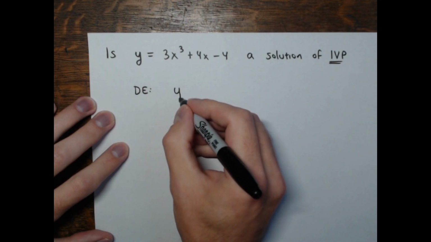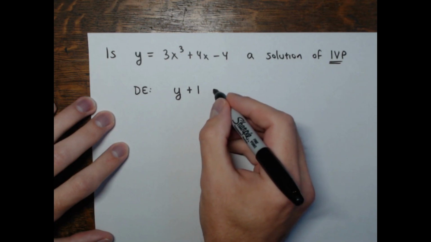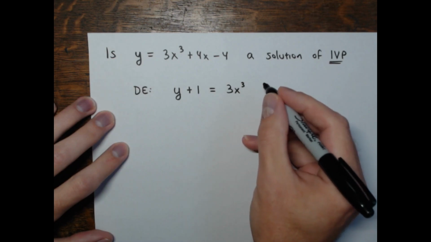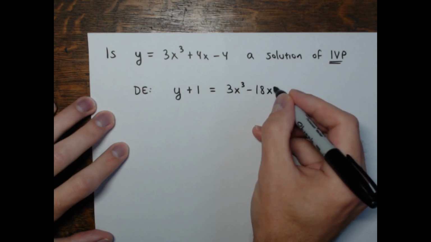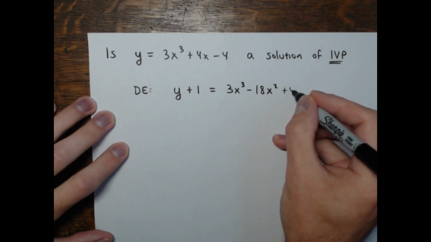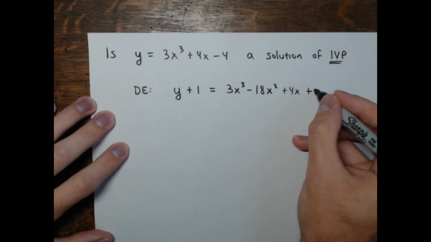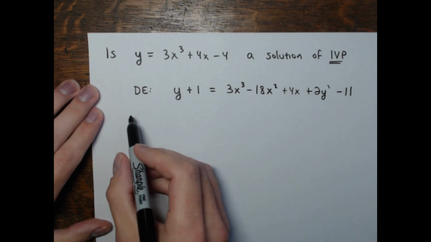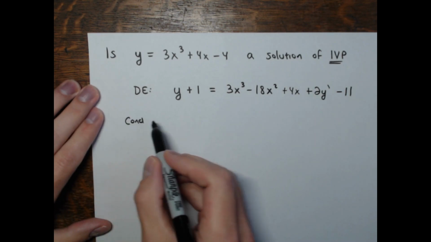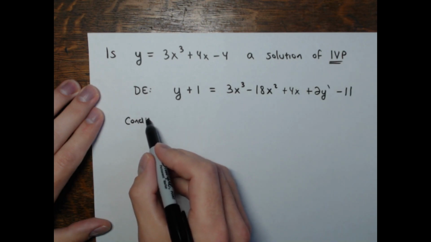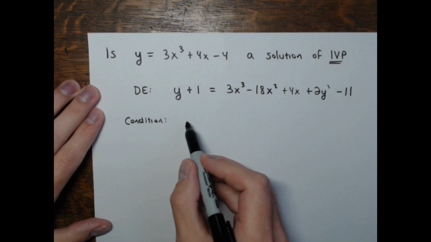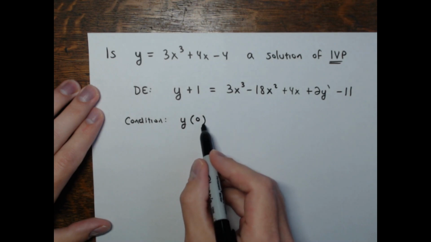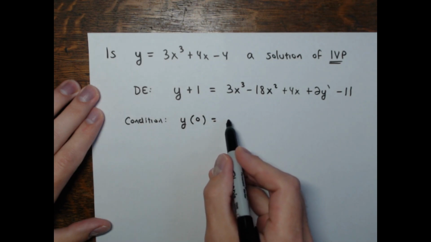So the equation we need to satisfy is this: y plus 1 needs to be equal to 3x cubed minus 18x squared plus 4x plus 2y prime, and then minus 11. And then you have a condition, or sometimes referred to as the initial value. The condition that needs to be met is the value of y, and the independent variable, the input variable here, is x. The value of y at x equals 0 needs to be negative 4.